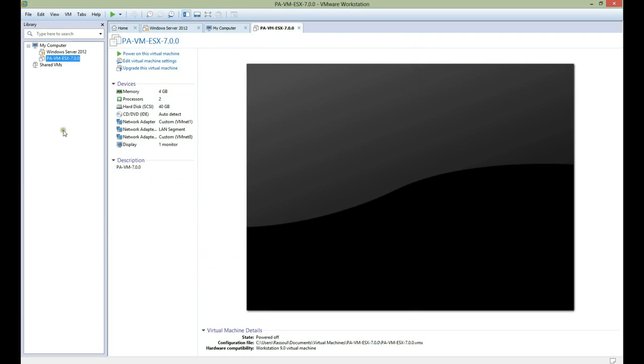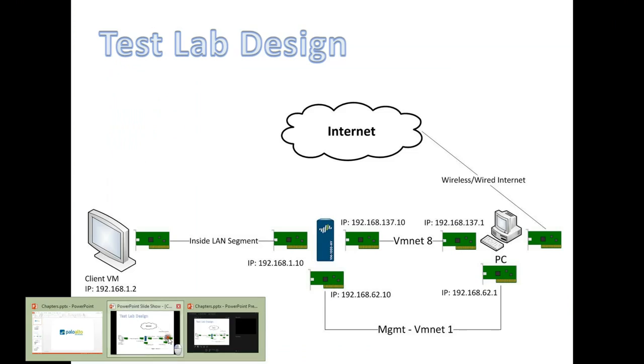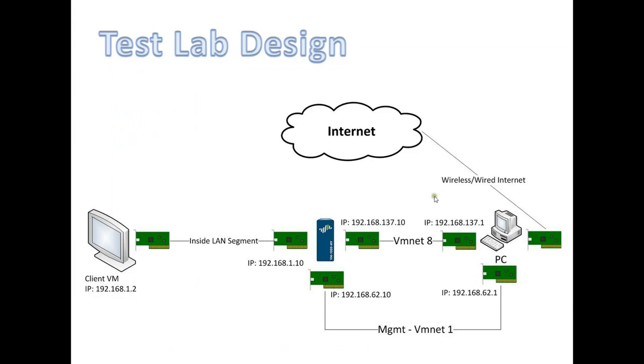We are pretty much ready to go and start the configuration of our Palo Alto Firewall. We have everything set up as per our lab requirement. We have our 2012 here in the inside segment with the Palo Alto Firewall inside interface. We've got the management network.